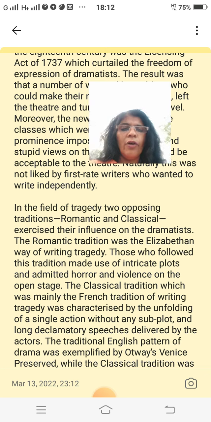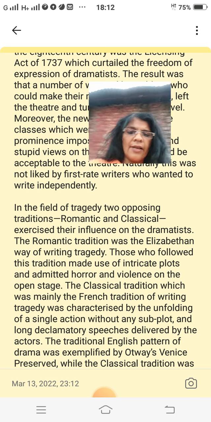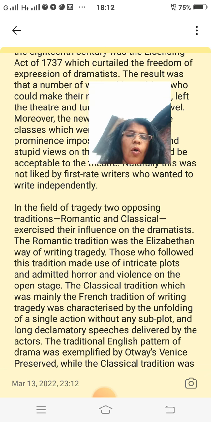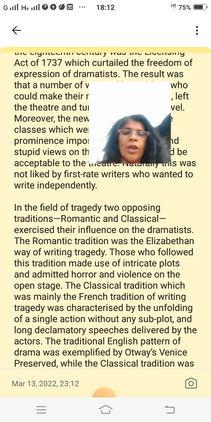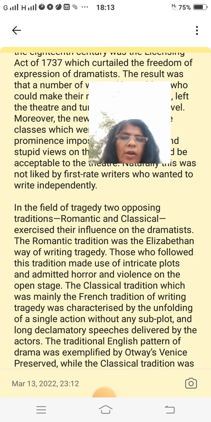In the field of tragedy, two opposing traditions, romantic and classical, exercised their influence over the dramatists. The romantic tradition was the Elizabethan way of writing tragedy. Those who followed this tradition made use of intricate plots and admitted horror and violence on the open stage.